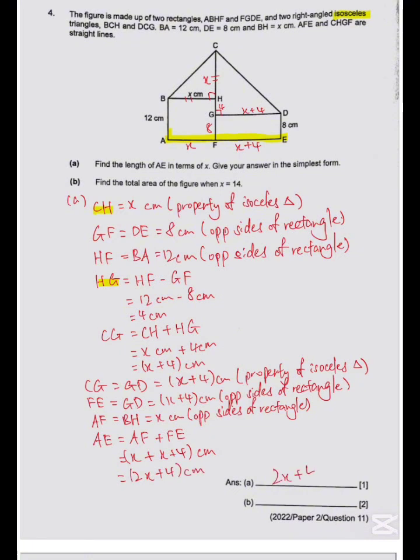Okay, so the answer is 2x plus 4 cm. Okay, so I'll remove the workings for part A first, so that we got space for part B.